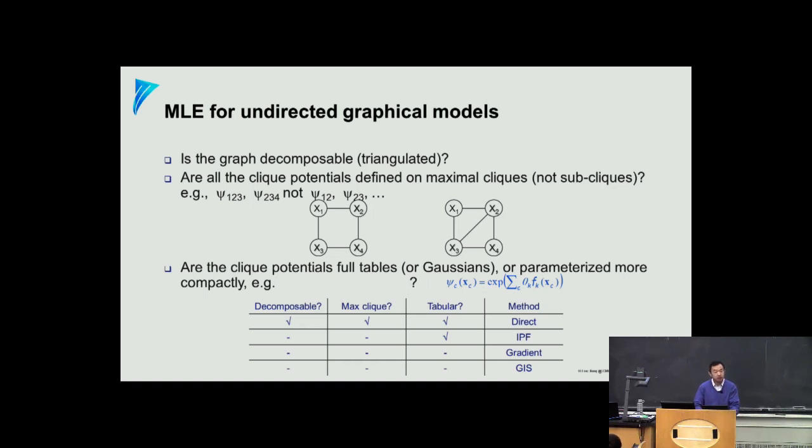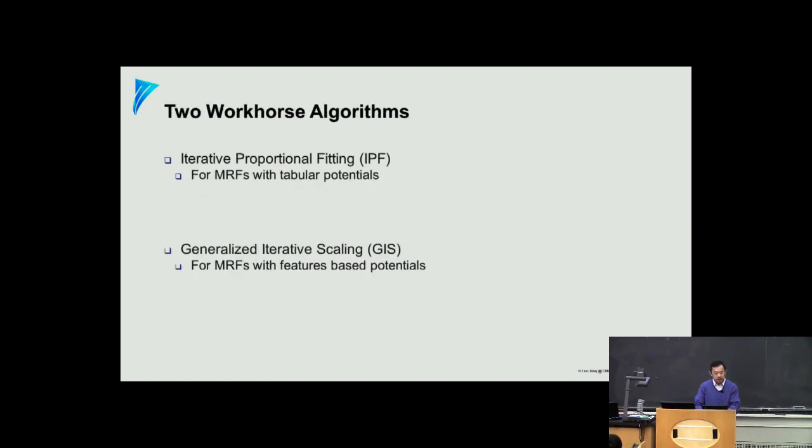I'm going to now give you the two most insightful and useful workhorse algorithms. Each of them solves a particularly popular and important class of MRFs. And again, the algorithms themselves are important, but they're not really the key.